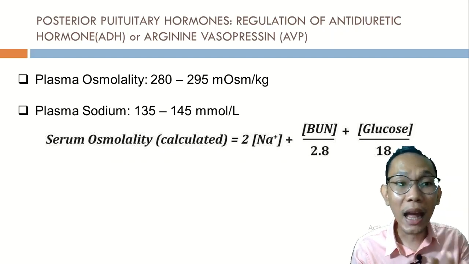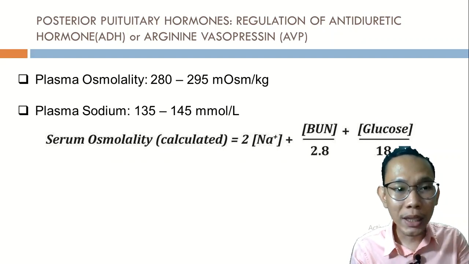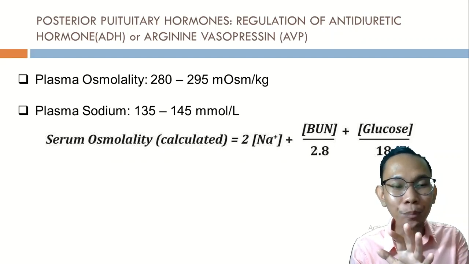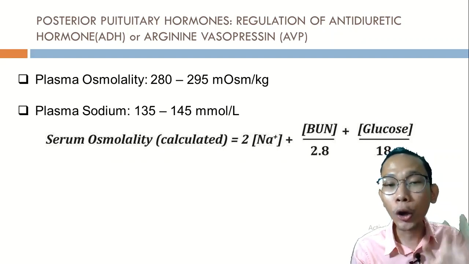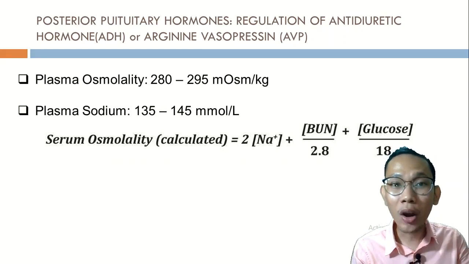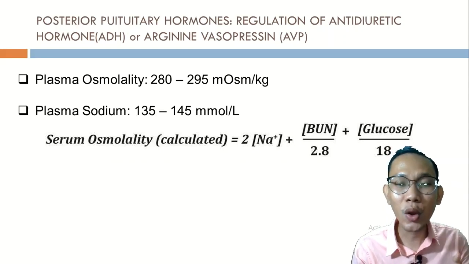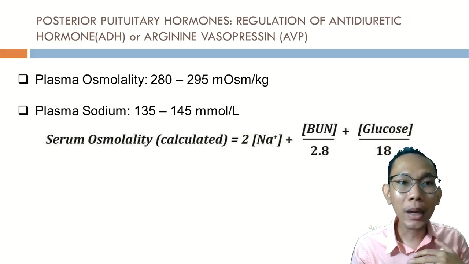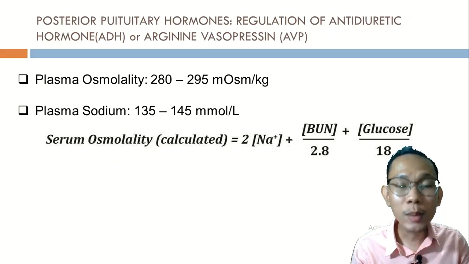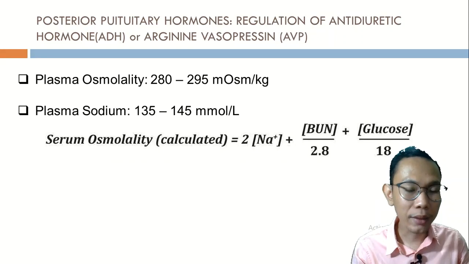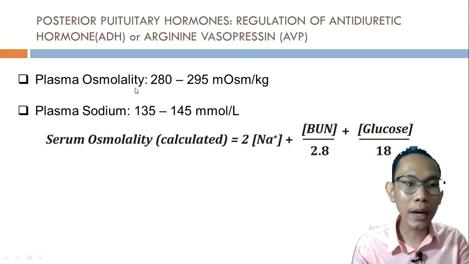So in a clinical aspect, we can use the terms interchangeably, osmolality or osmolarity. But in a biologic system, osmolality is more appropriate. That's why we prefer the term osmolality rather than osmolarity.